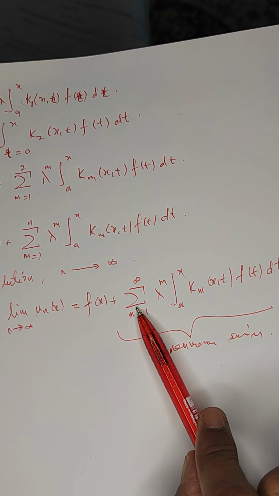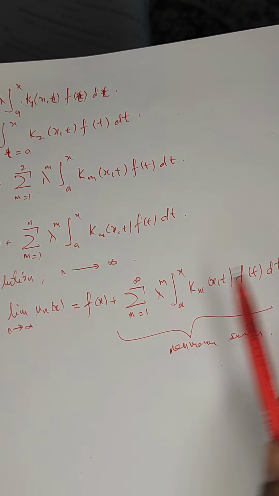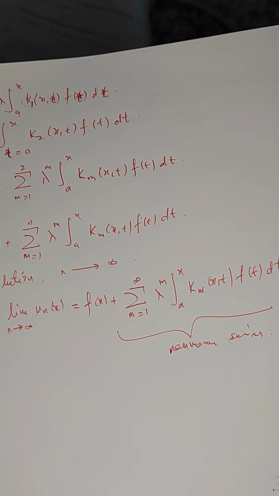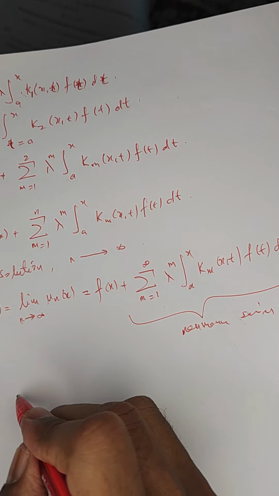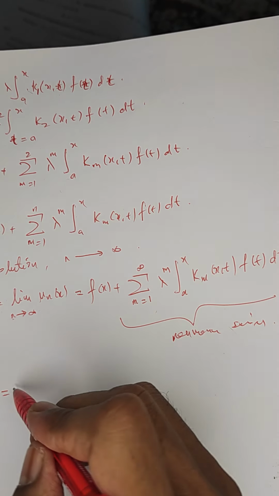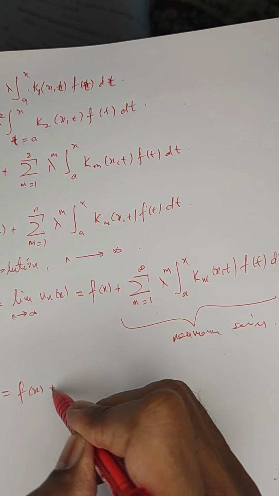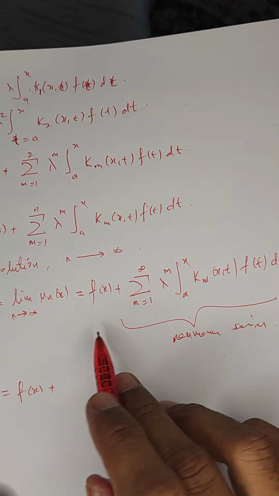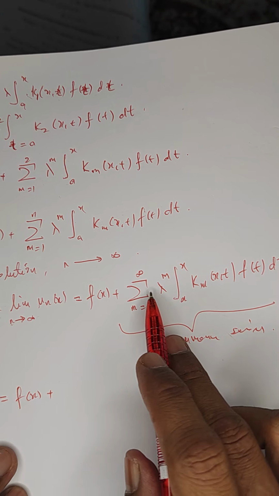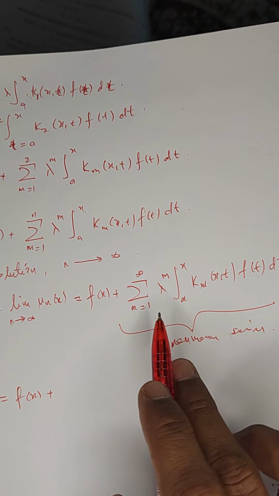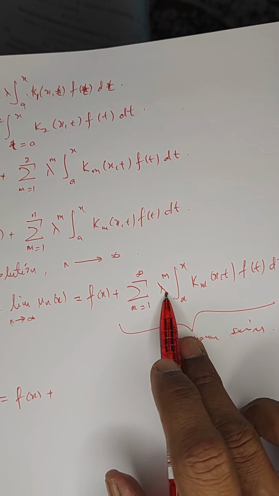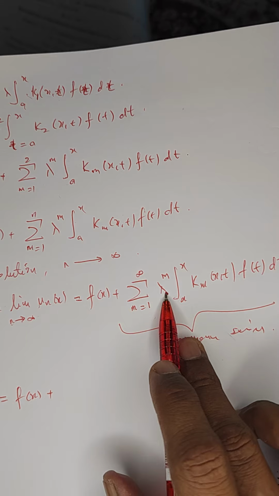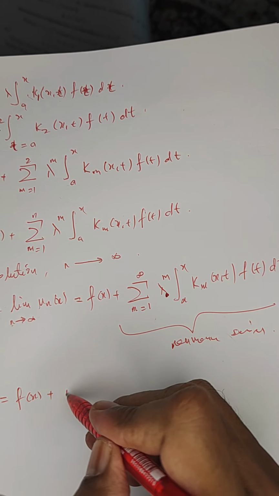Now, to obtain the resolvent kernel, we need to change the order of integration and the summation. So if we do that, u(x) is just equal to f(x) plus, I can take out one lambda because we want to write in terms of the resolvent kernel.